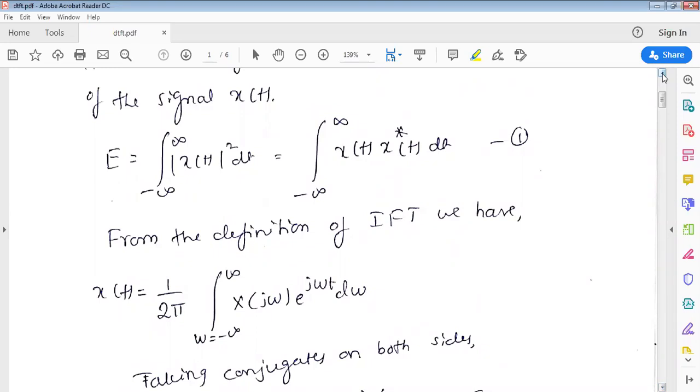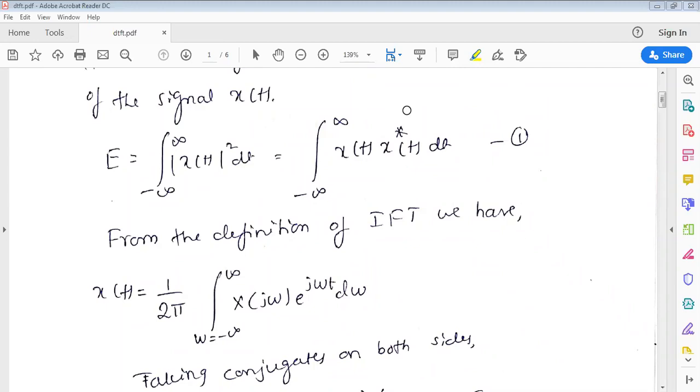One simple analogy you understand. x plus jy I have. I want x square plus y square. How do you obtain x square plus y square? It is x plus jy into x minus jy. What is the value? x square minus j square y square, that is x square plus y square. How do you obtain x square plus y square from x plus jy?